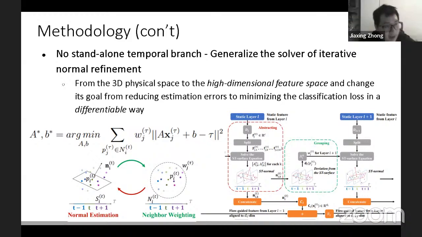Yeah, the output of the grouping is the W here, and it is used for the next abstracting process.